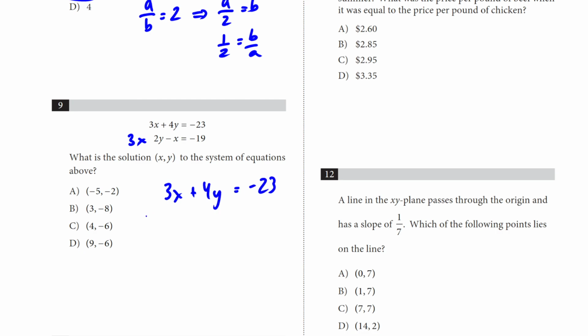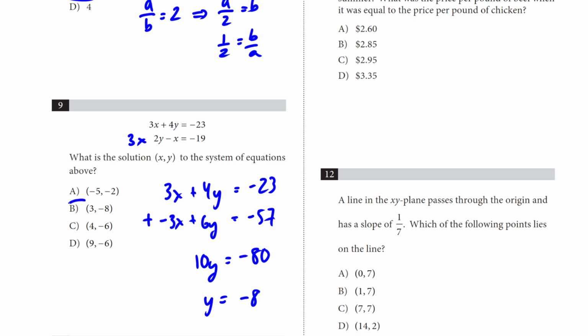And then we're going to subtract, or in this case, we can just add them because we have negative x. So we're going to add negative 3x, add 6y, then add negative 19 times 3, which is negative 57. This will give us 10y is equal to negative 80. So y is equal to negative 8.